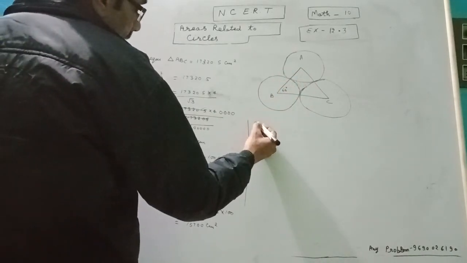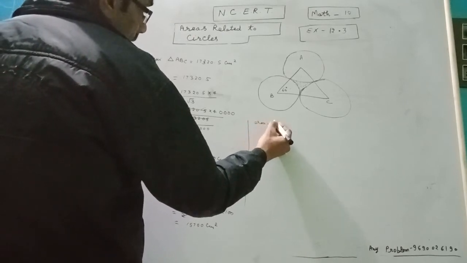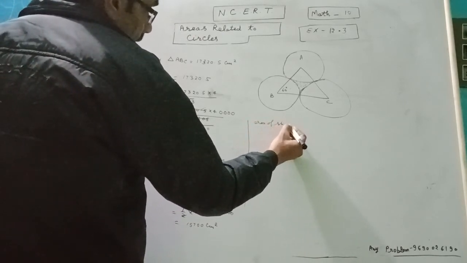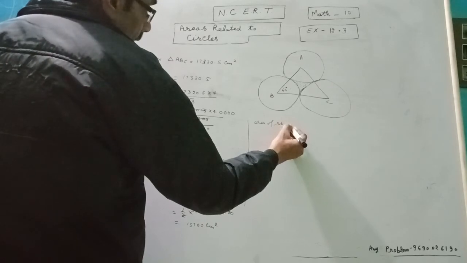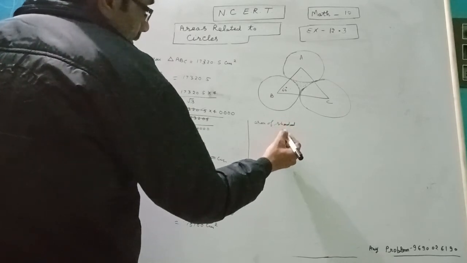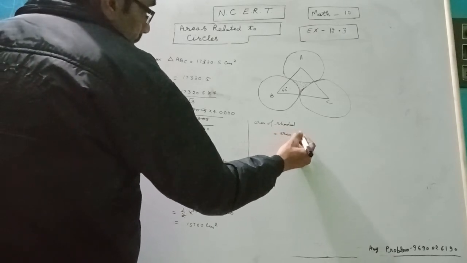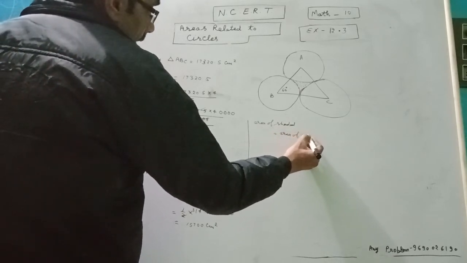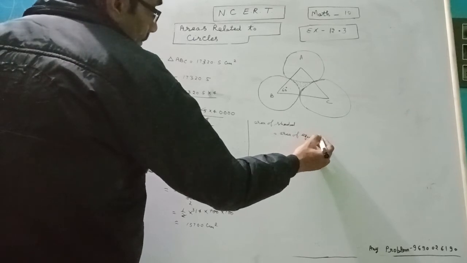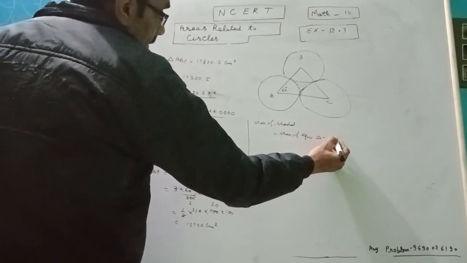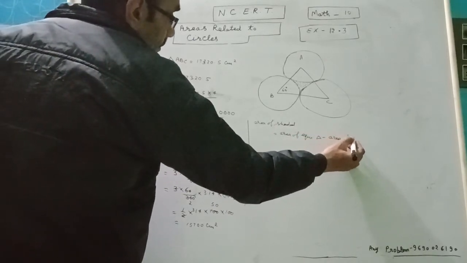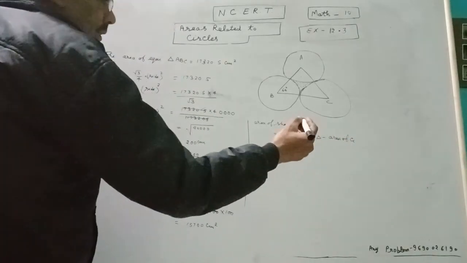Area of shaded part: to find it, the area of the equilateral triangle minus the area of the circular part.